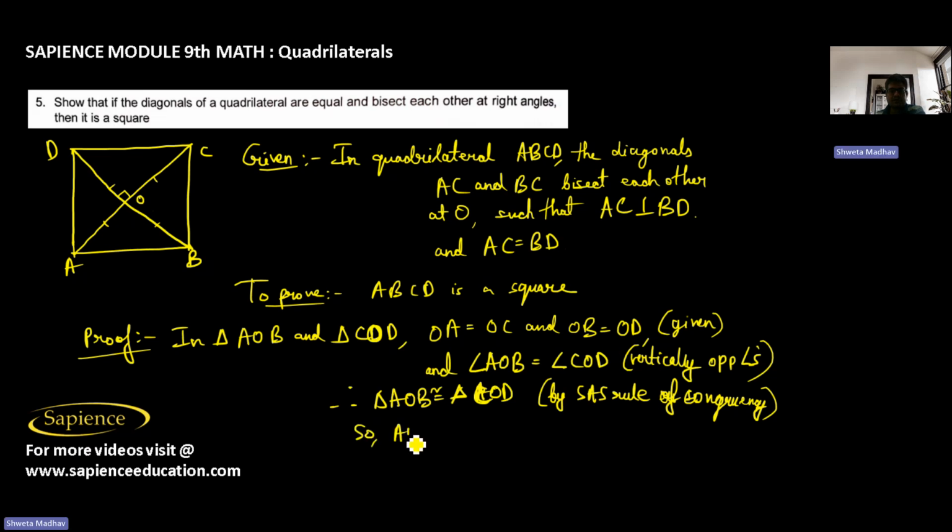So we can say that AB equals CD and angle OCD equals angle OAB by CPCT.